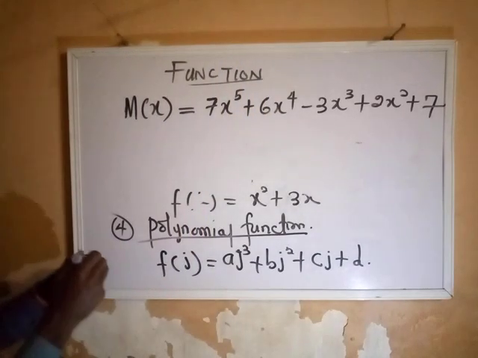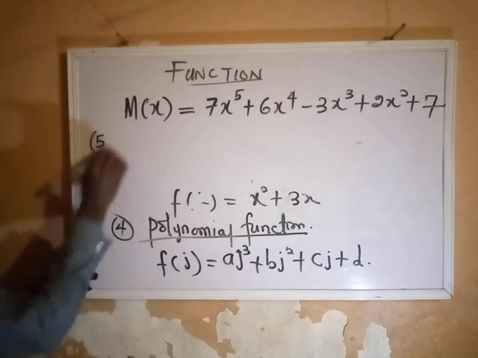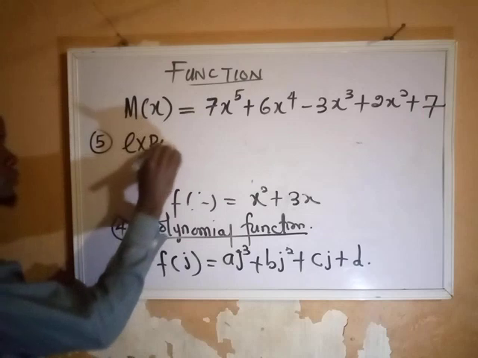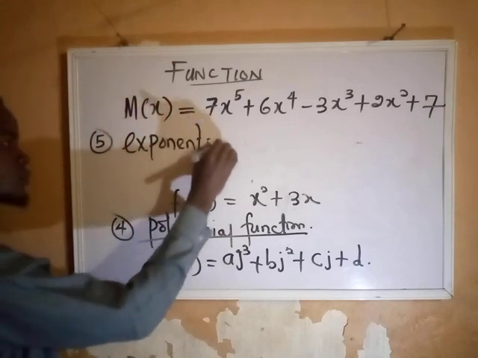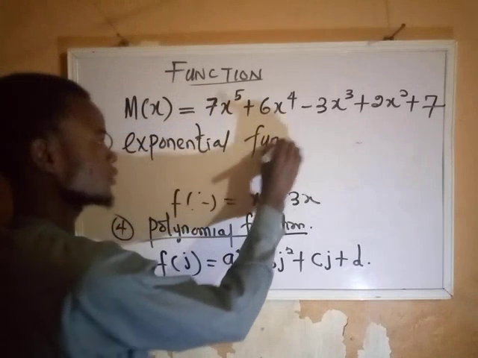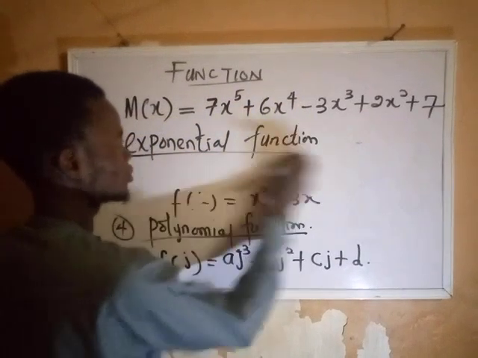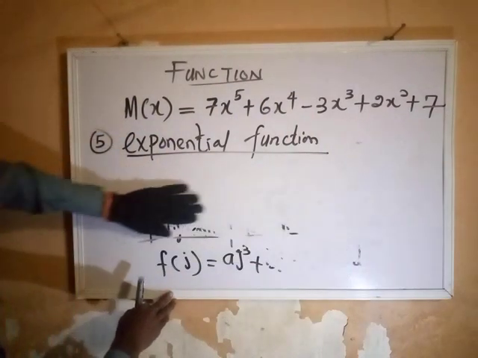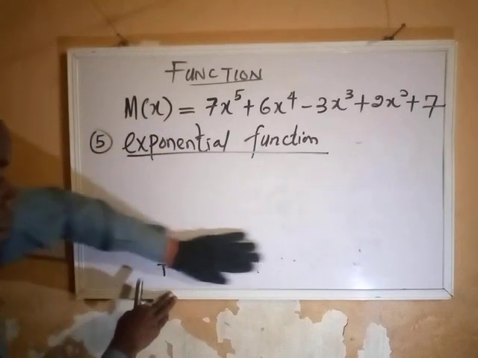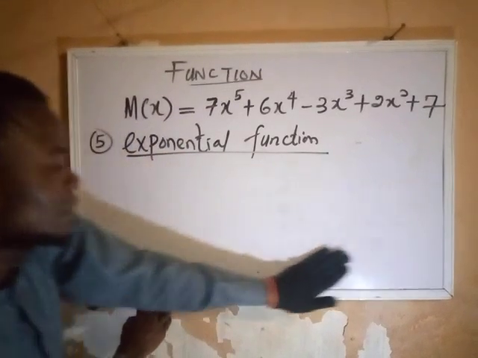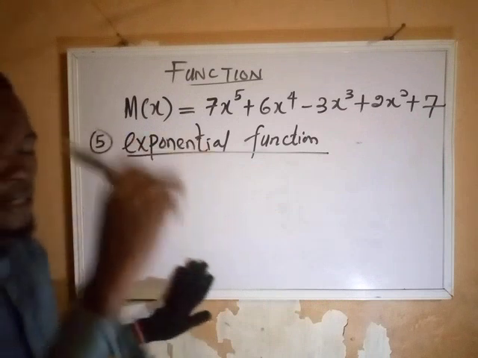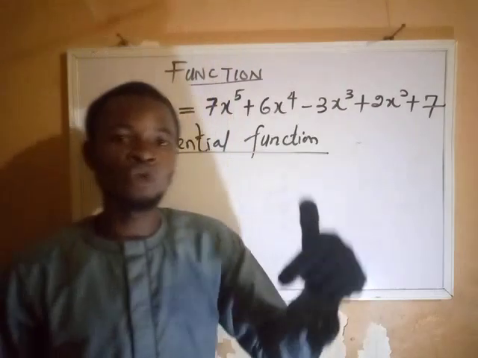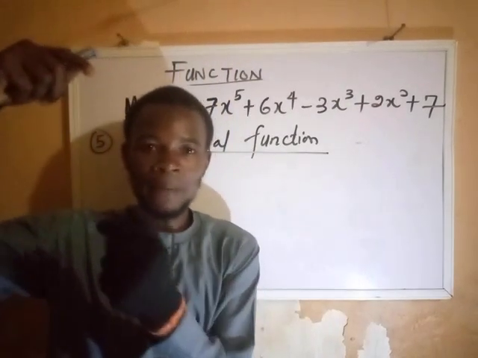So the next function we are going to consider here, which is function number 5 as part of the special functions, is the exponential function. The exponential function. So if we have a number that takes on a power, what I mean by the word power is, let's say we have a constant value, then it takes on a power that is not constant.